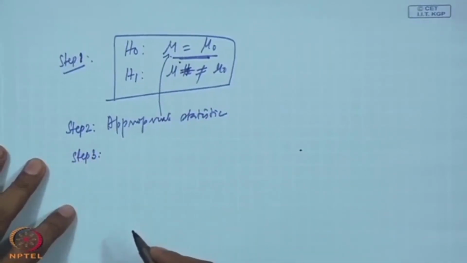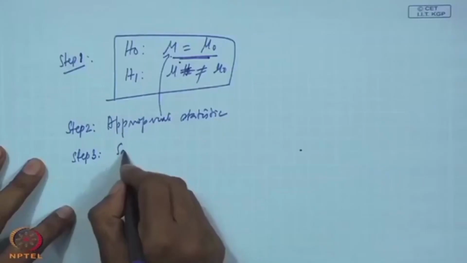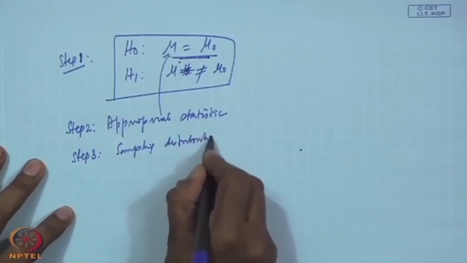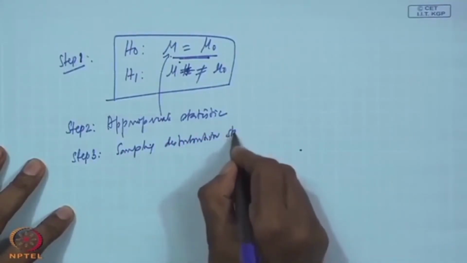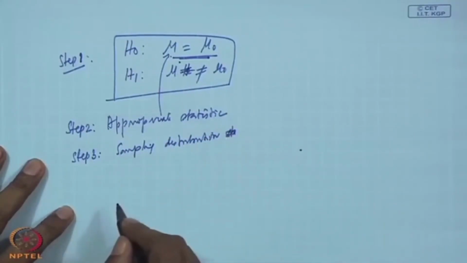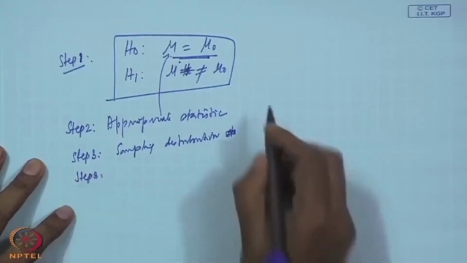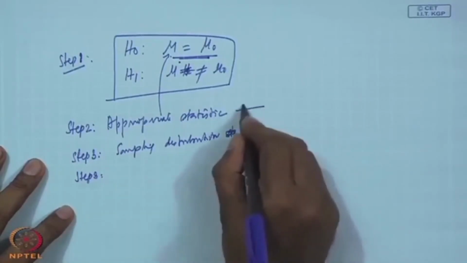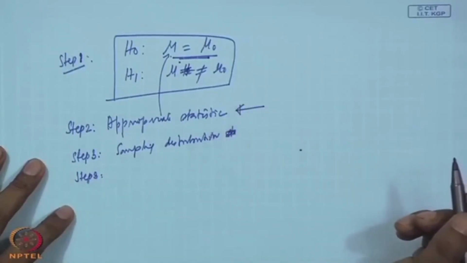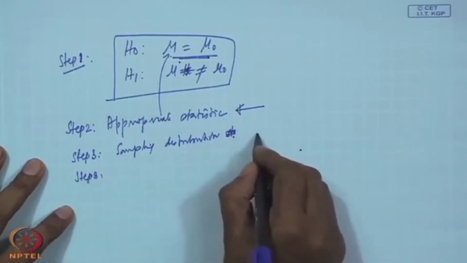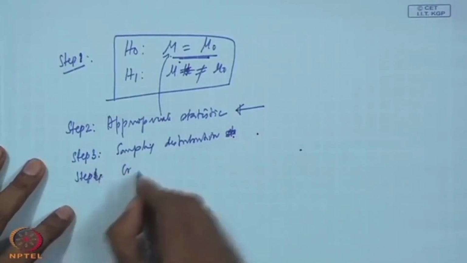You must know the sampling distribution of that statistic. Then what is the fourth step? You compute the value of the statistic. From the sampling distribution of the statistic, you find out the critical value.